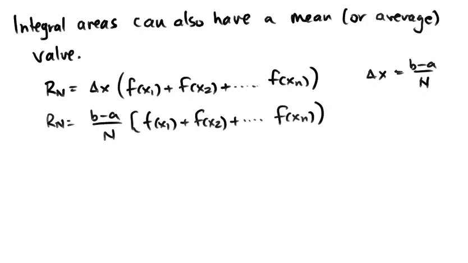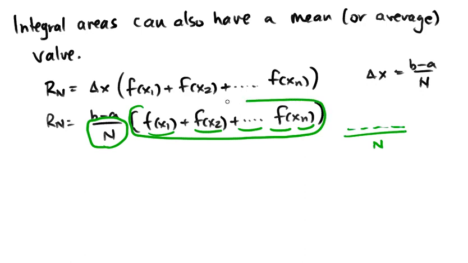The definition of average is, well, you get a bunch of numbers, you add them all up, and then you divide by however many numbers you have. Well, I've got a bunch of numbers, add it all up, and I'm dividing by how many numbers I have. So these two parts of this equation really are calculating the average.